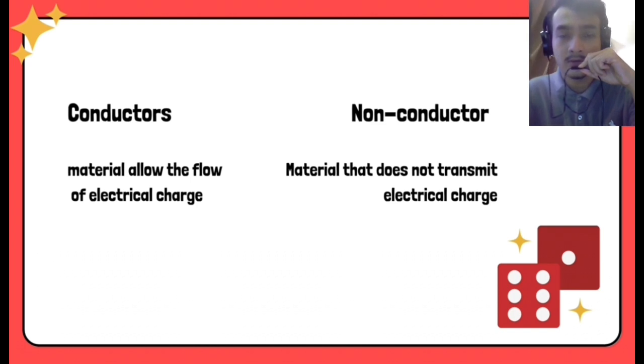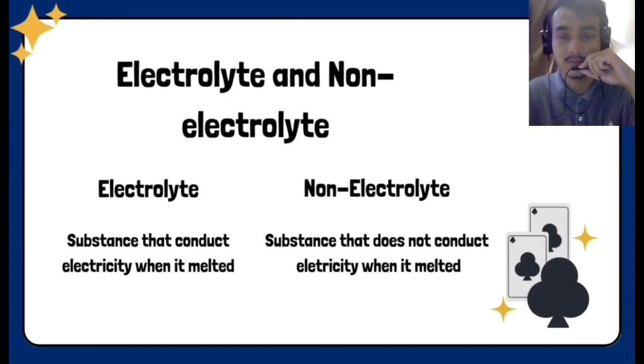A conductor is a material that allows the flow of electrical charge, while a non-conductor is a material that does not transmit electrical charge. And then there are electrolytes and non-electrolytes. An electrolyte is a substance that conducts electricity when it's melted, such as seawater, while a non-electrolyte is a substance that does not conduct electricity when it's melted.